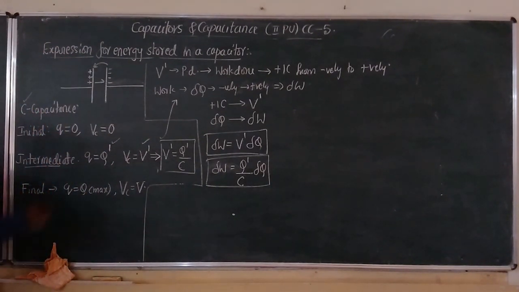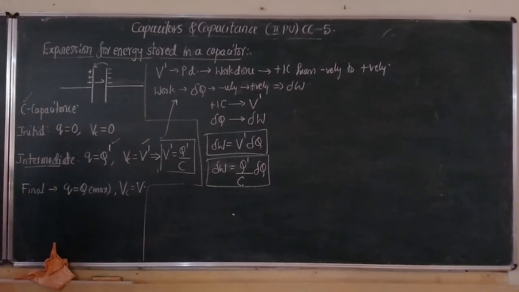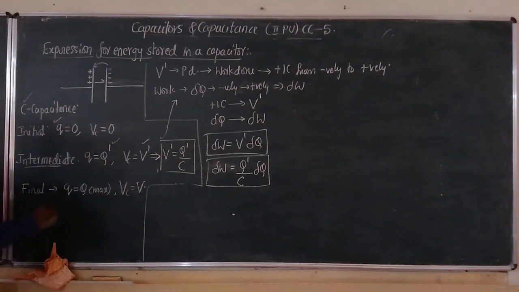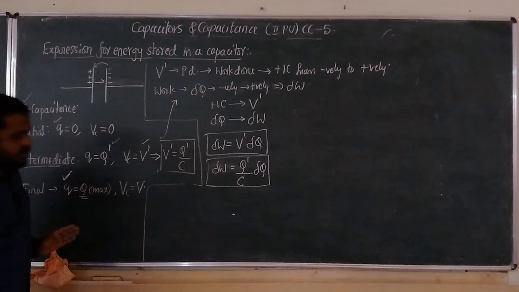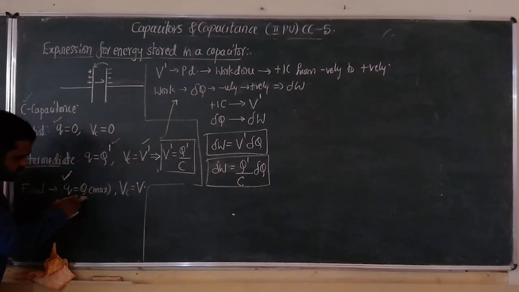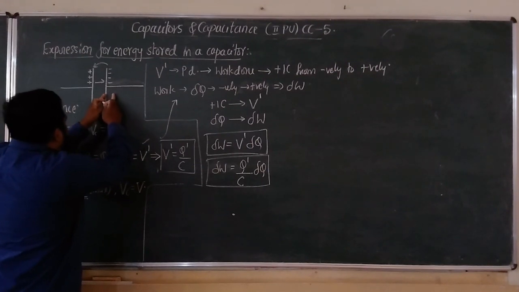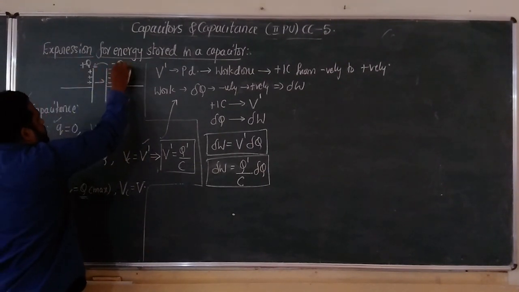Okay. Now consider the first and last stage, that is the initial point and the final point of charging of the capacitor. Initially the magnitude of charge is 0. At the final point, at the end of the charging process, the amount of charge stored is Q. That means while charging the capacitor, a total amount of charge of magnitude Q is transferred from the negatively charged plate to the positively charged plate. So at the end of the charging process, this will be the condition.